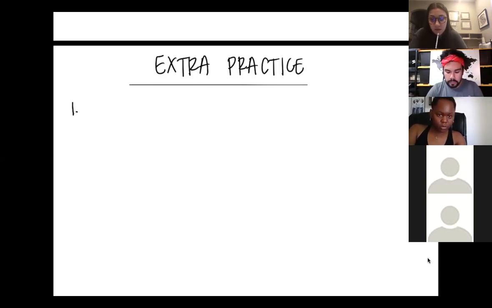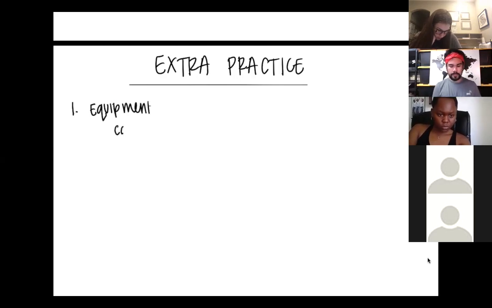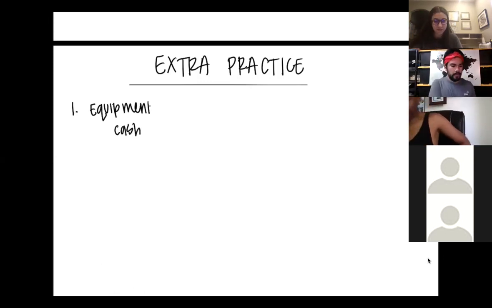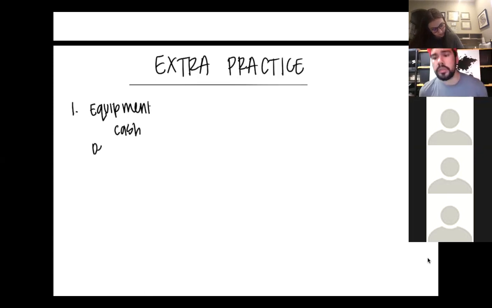Apparently Alpha purchased equipment, which would be debit equipment and credit cash, but they did not record that. Nor did they record the depreciation on the equipment. And what's the journal entry for that? Depreciation expense and accumulated depreciation.